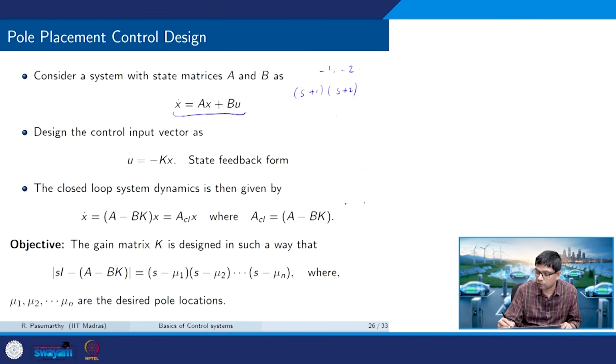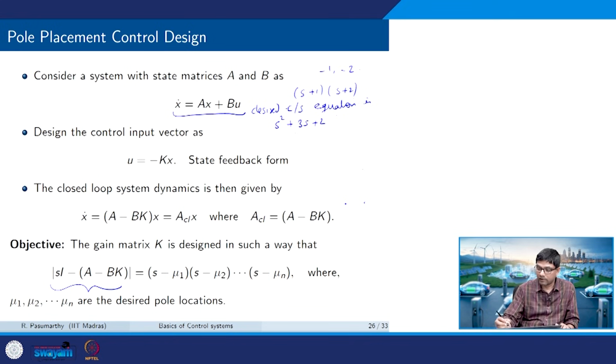Okay. Now, I know what the desired characteristic equation is: s square plus 3s plus 2. And on the right hand side, I have the characteristic equation which is given by determinant of sI minus A plus BK.